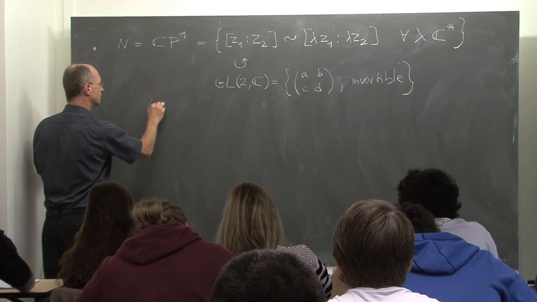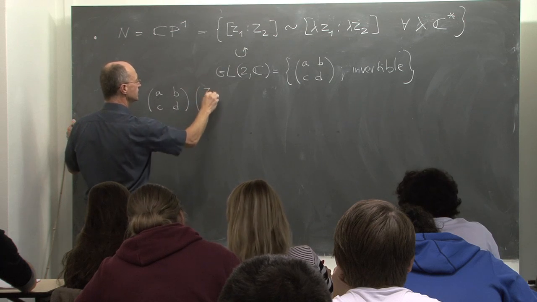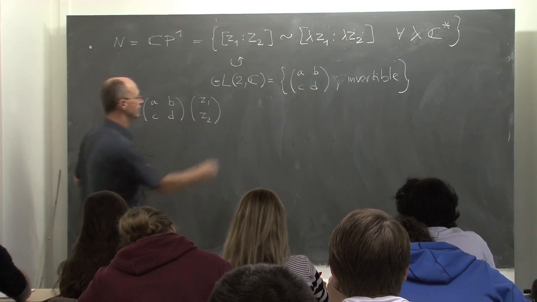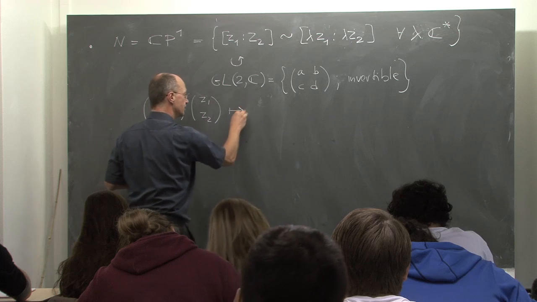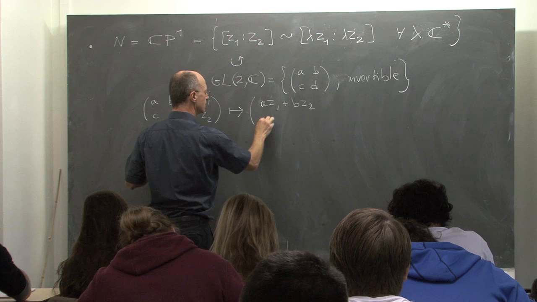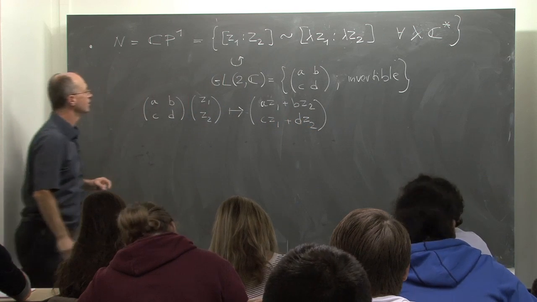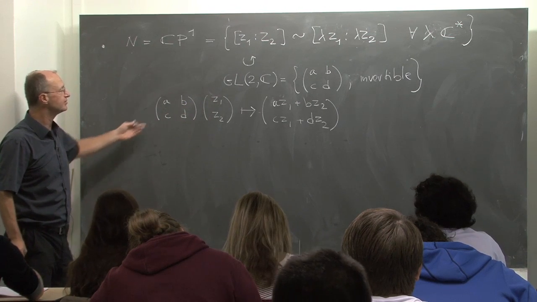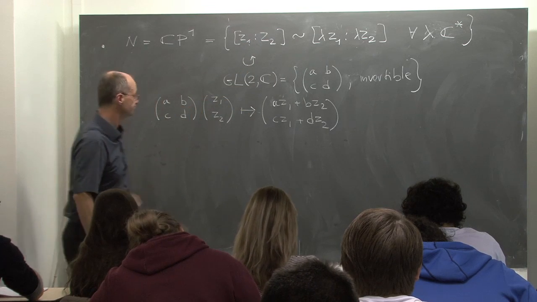So if we take a matrix, and let me write components z1 and z2 in this way. So this is just, oops, sorry, this is just the standard action on two-dimensional complex vectors, and then this action descends to the action on classes.